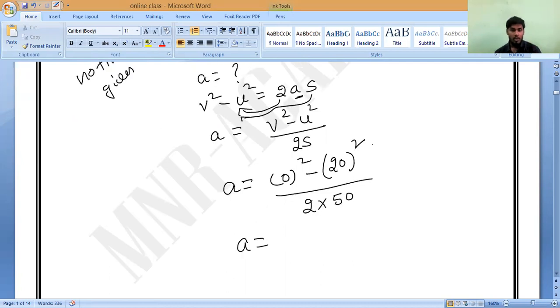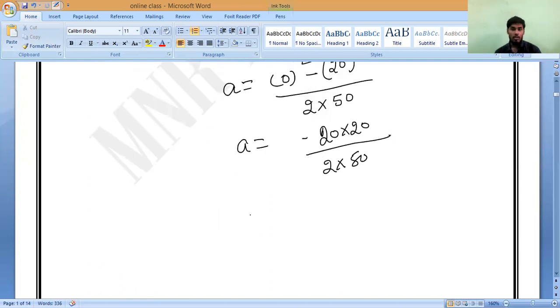Now, 20 square means how much? 20 into 20, which is 400, divided by 2 into 50. So A is equal to minus 400 divided by 100. So acceleration equals minus 4 meter per second square. It is decreasing acceleration, which means retardation, correct or not?